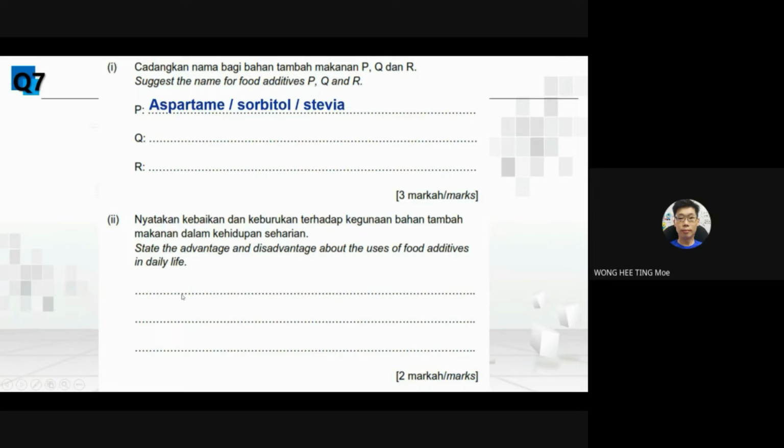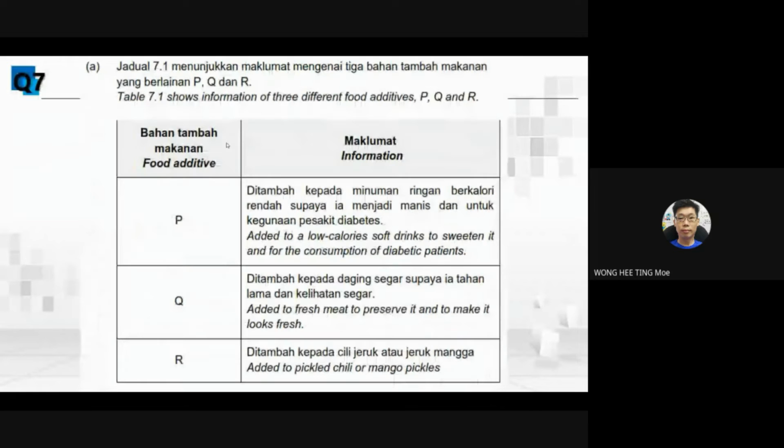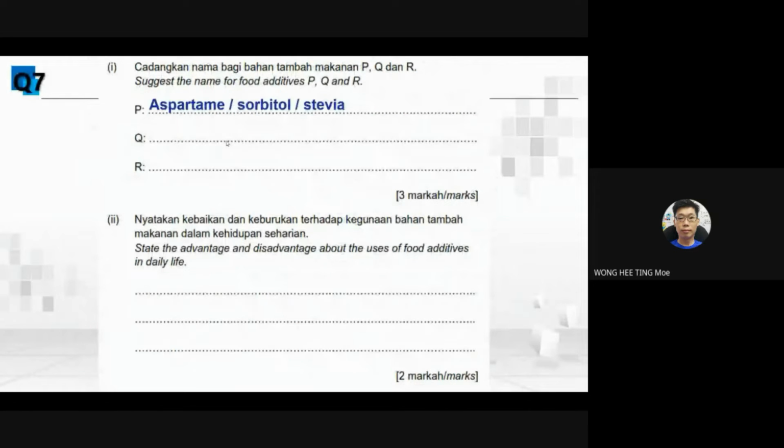Okay. Then Q. That's your answer for Q. It's a preservative, right? Okay. Benzoic acid, what else? MSG.